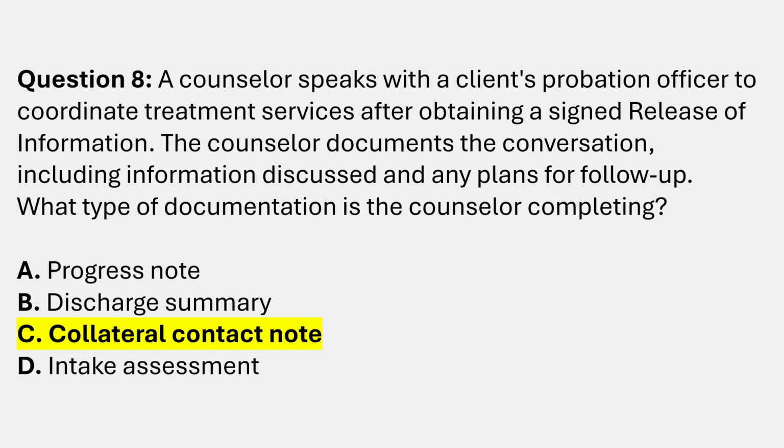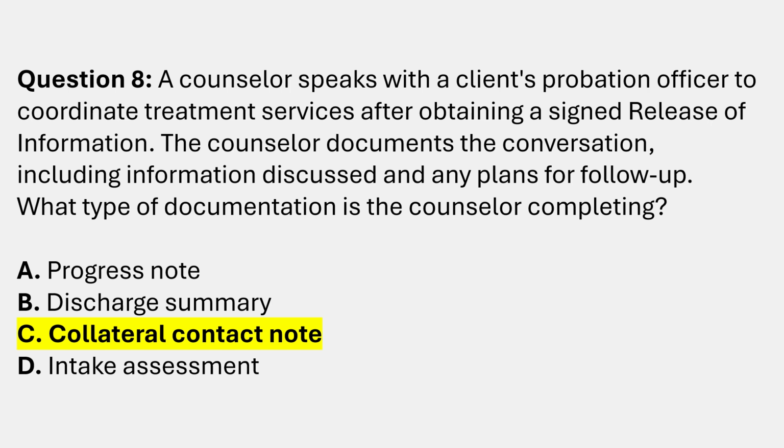Collateral contact note. C is correct because a collateral contact note documents communication with individuals or agencies involved in the client's care, such as probation officers, family members, case managers, physicians, or other providers. A is incorrect because progress notes primarily document counseling sessions and client participation in treatment.